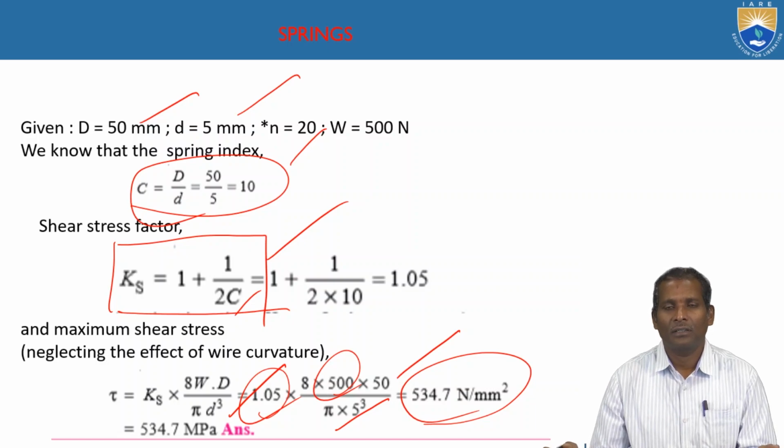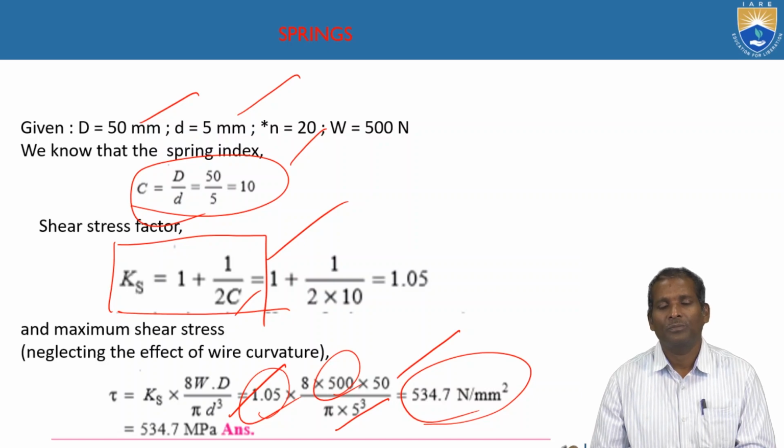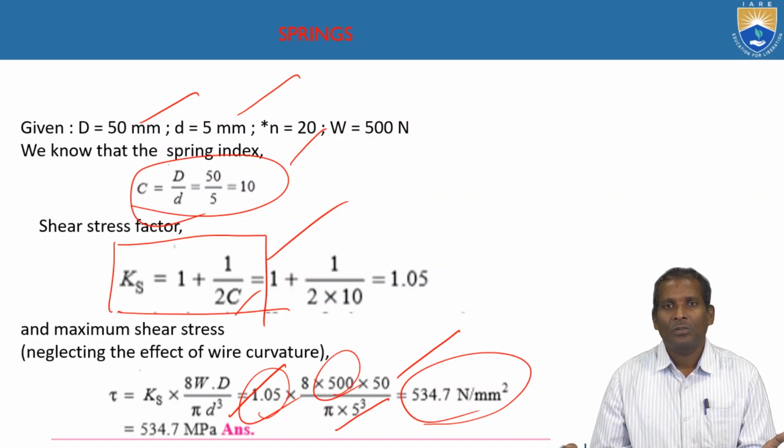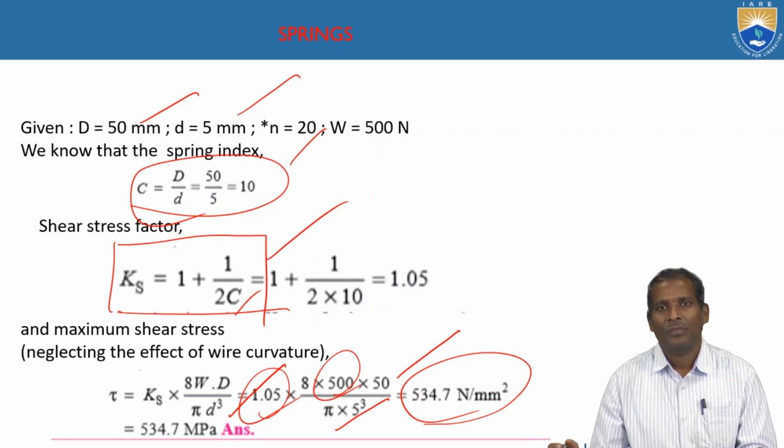So the only thing in this problem is that we need to multiply the shear stress factor. Why? Because here we are neglecting the wire curvature effect.